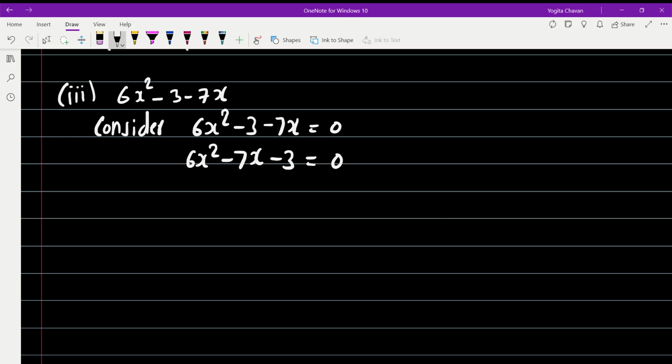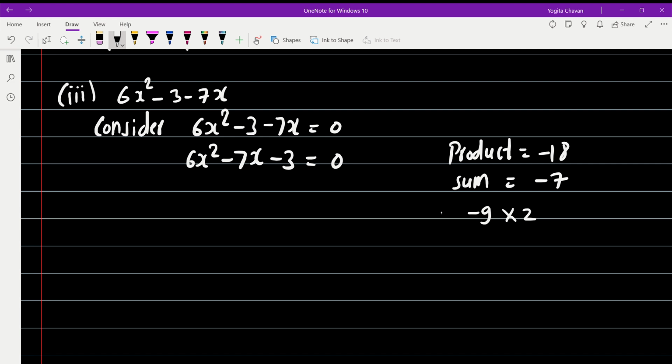Now we find two numbers whose product is constant term into coefficient of x square. So we need product minus 18 and sum of two numbers we need is minus 7. So product of two numbers minus 18, so we can take minus 9 into 2, right?